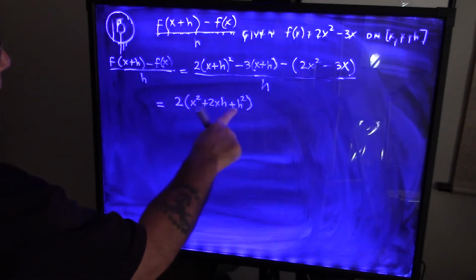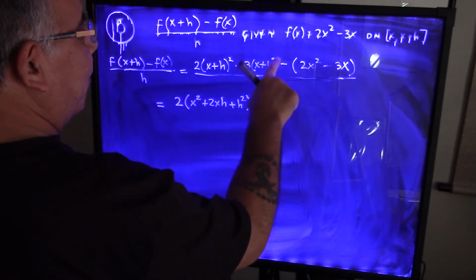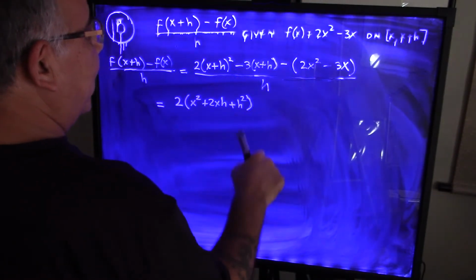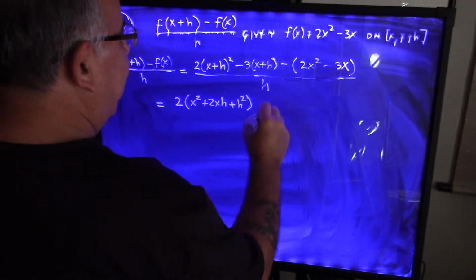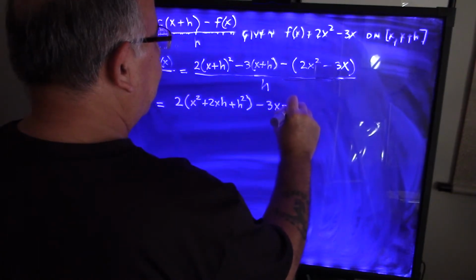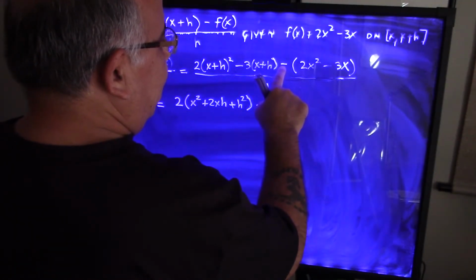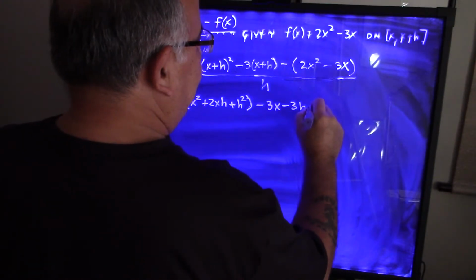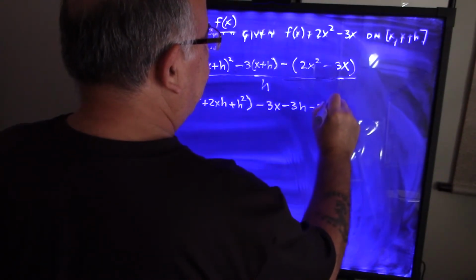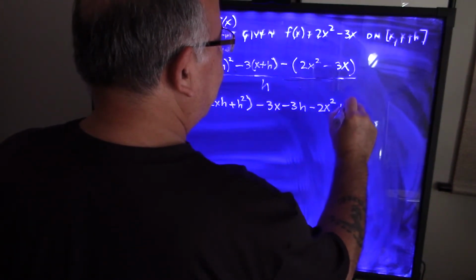So there's your x plus h quantity squared. And now here, there's no power except for 1 there, so you can just distribute the minus 3 through there. Minus 3x minus 3h. And then you can distribute that minus sign through, so that's going to be minus 2x squared. And then minus a minus is plus 3x.